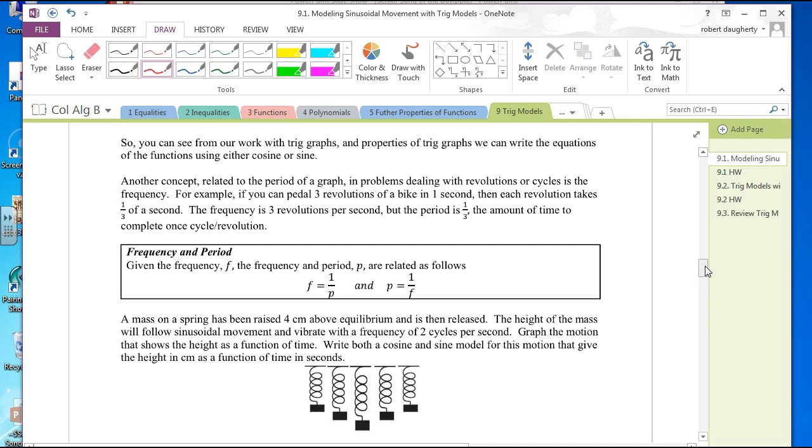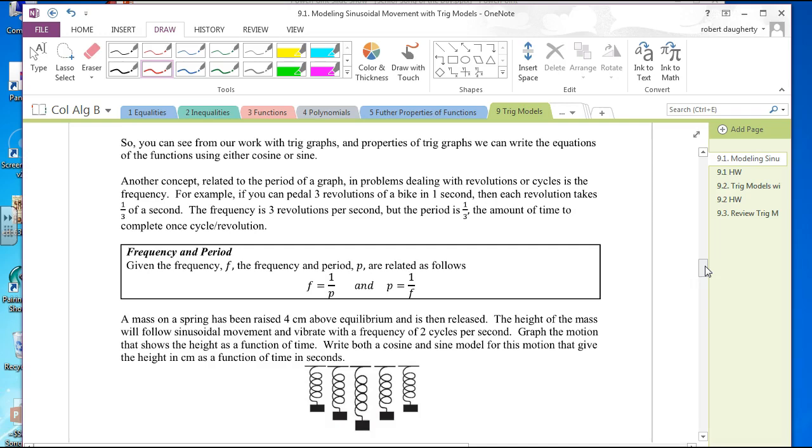So another concept that we'll need today in these word problems is the frequency. If you think about it, when I'm pedaling the bike, what if I say that I can make three revolutions per second? If I make three revolutions in a second, how long does it take for me to make one revolution? 1/3 of a second.